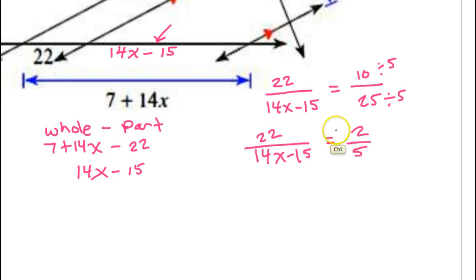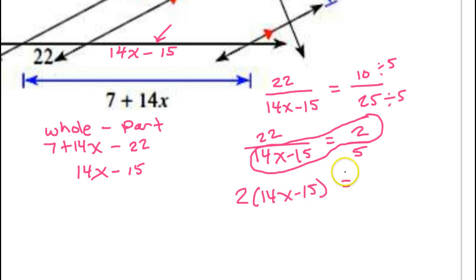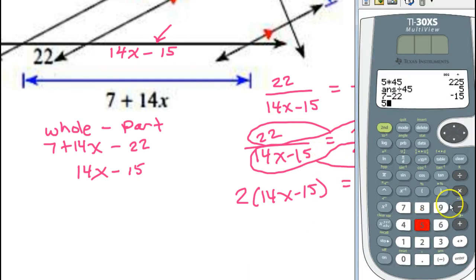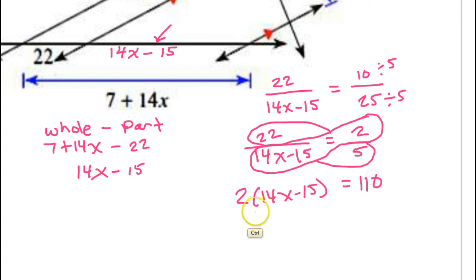And then I will go on to cross multiply. So if I do this diagonal, then I'm looking at 2 times 14x minus 15. And then if I do this diagonal, that's 110. So a little distributive property gives me 28x minus 30 is equal to 110.